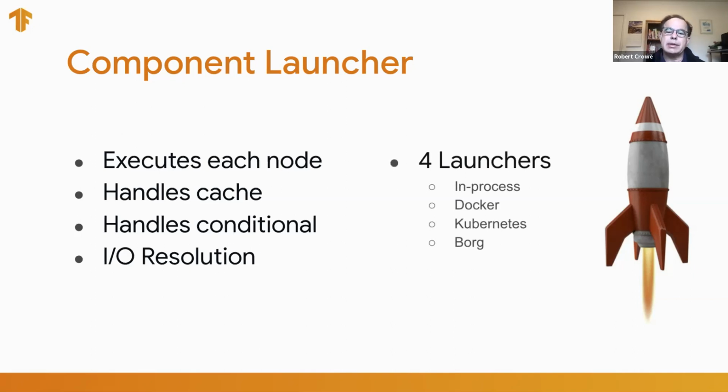There's an in-process launcher that we use when you run on your laptop. There's a pure Docker launcher when you're running that way. There's a Kubernetes launcher and Borg. Borg is the internal, you could think of it as the Google internal version of Kubernetes. It's not exactly that, but it's close.